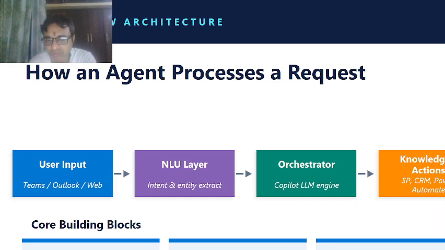So it will extract those entities, and based on whatever inputs you have given, it will extract the information. After that it will orchestrate, and Copilot has an LLM engine, it will orchestrate that information. The next step, it will take knowledge actions through CRM or Power Automate, and the response will be given in a grounded manner and format.